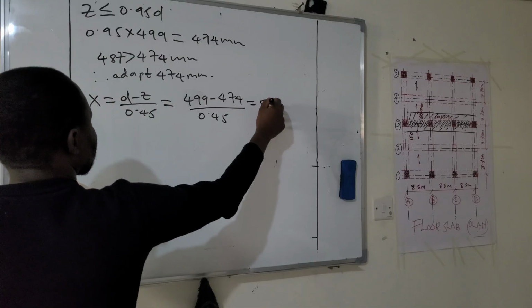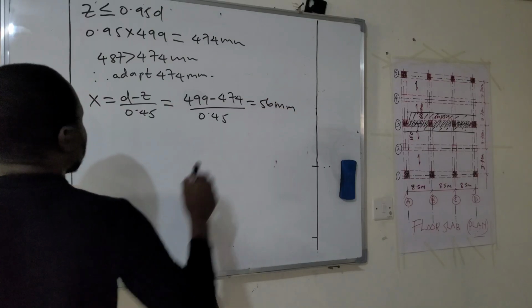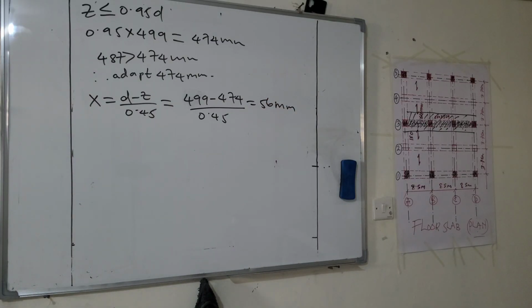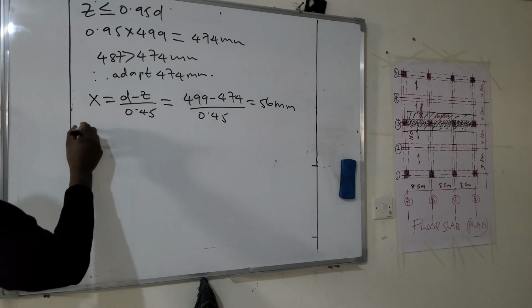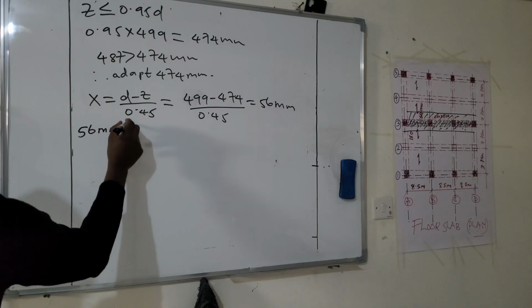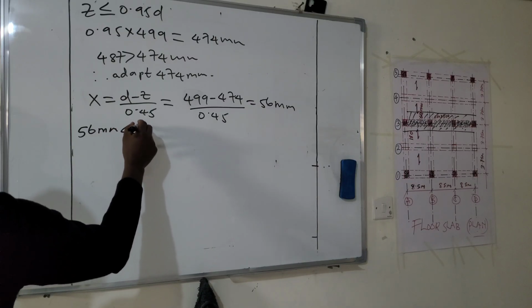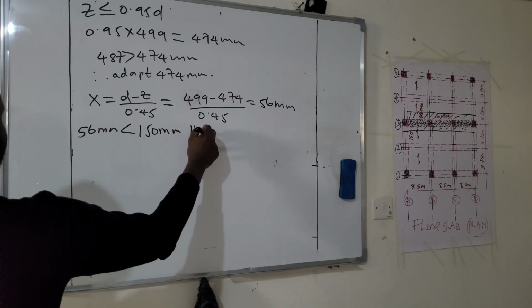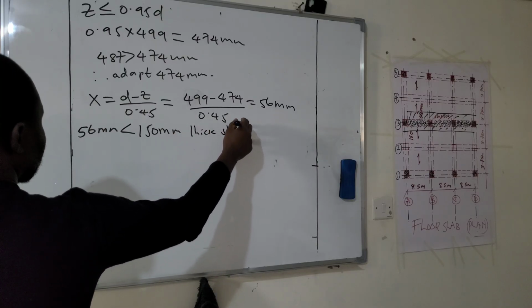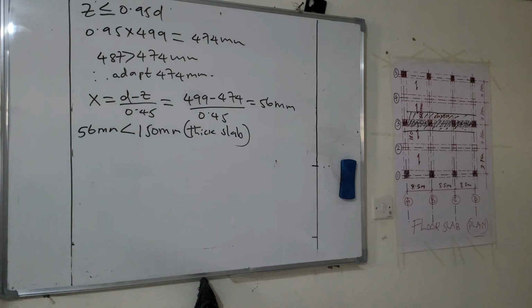So this one is equal to 56 millimeter. So our X is 56 millimeter. So 56 millimeter is less than 150 millimeter thick slab, or of flange thickness.